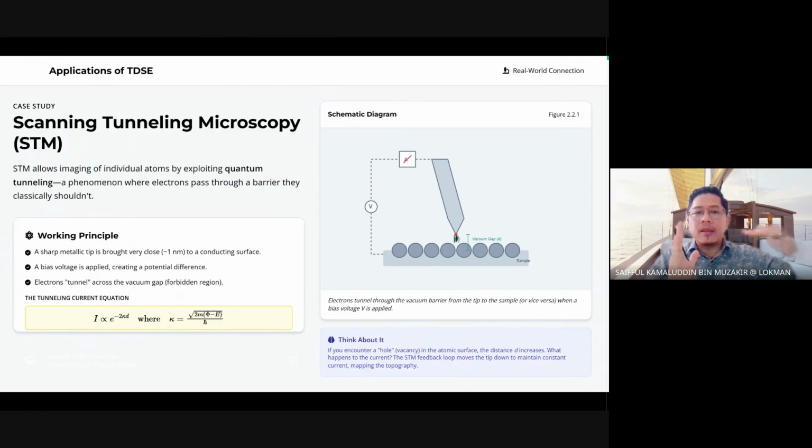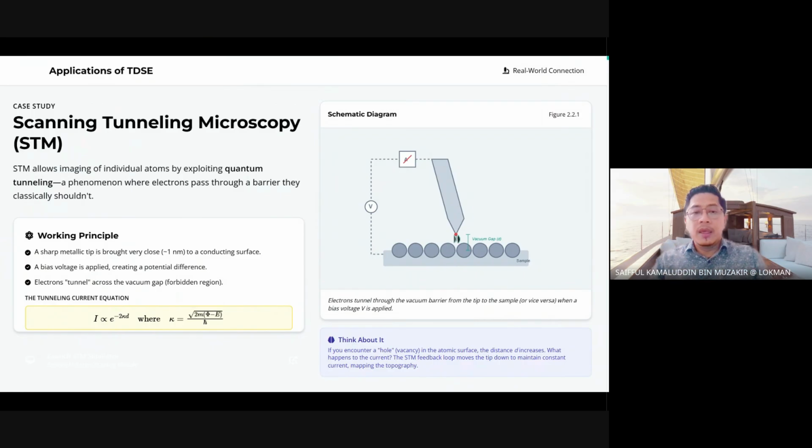So it should stay on this side only, because it cannot cross to the other side.